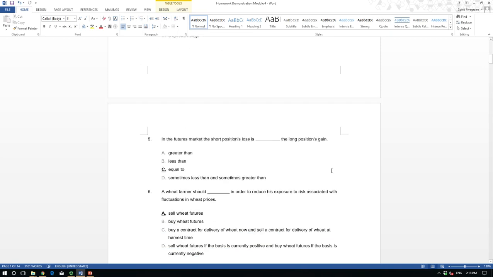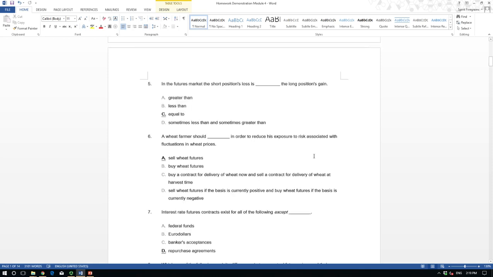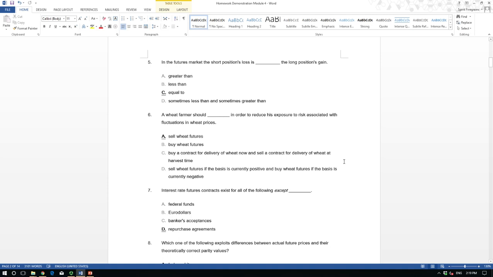Number 5, in the futures market, the short position's loss is equal to the long position's gain, because the futures market is a zero-sum game. Number 6, a wheat farmer should do what to reduce his exposure to risk associated with the fluctuation in wheat prices? So the principle here is, as a producer, always take a short position in the futures contract to hedge against the commodity risk exposure.